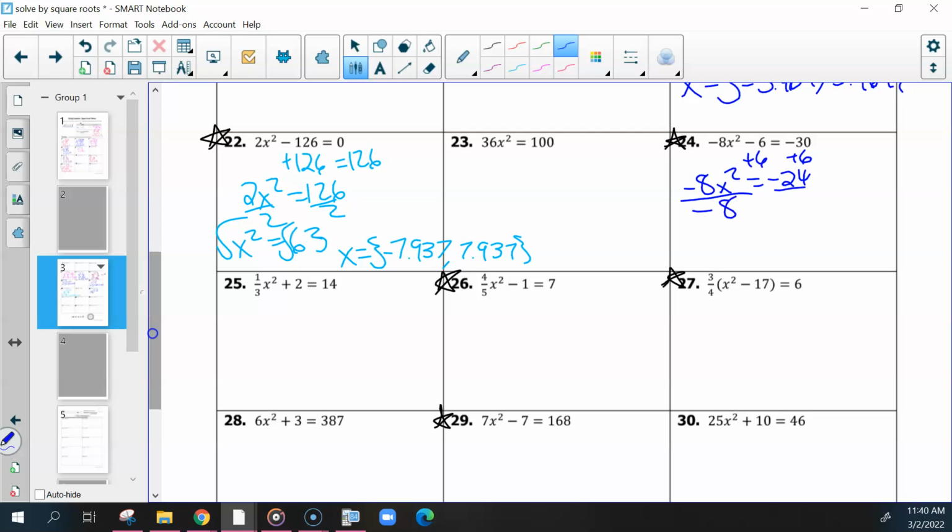Divide both sides by -8, and we get 3, and it's positive. So because we have a positive number, we will get an actual answer. Take the square root of both sides and tell me what you get. 1.732.